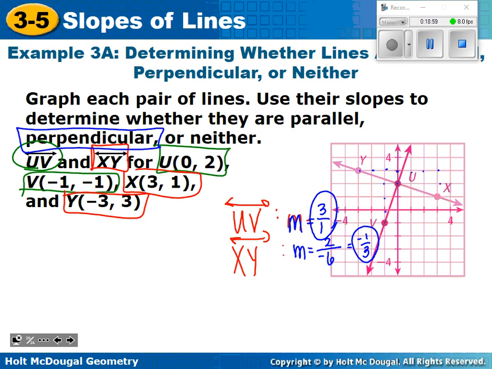Could you have two lines that are perpendicular that happen to cross at the same y-intercept? Sure. Do they have to? No. So they have to have opposite reciprocal slopes. They could have the same y-intercept, but they don't have to. We're going to come back to it.